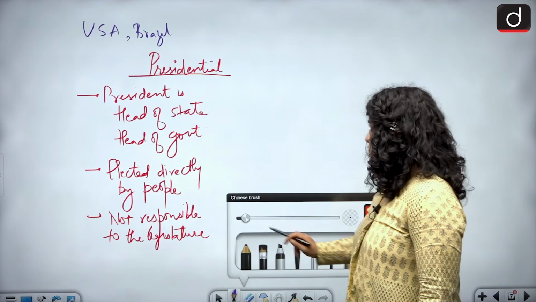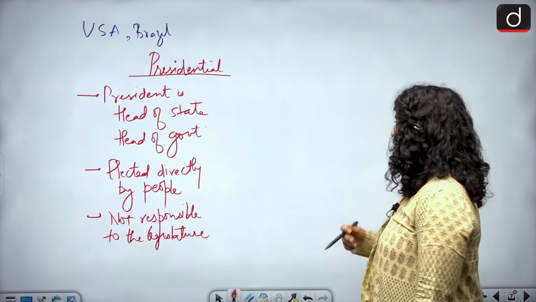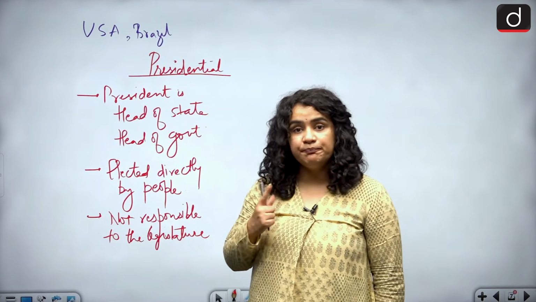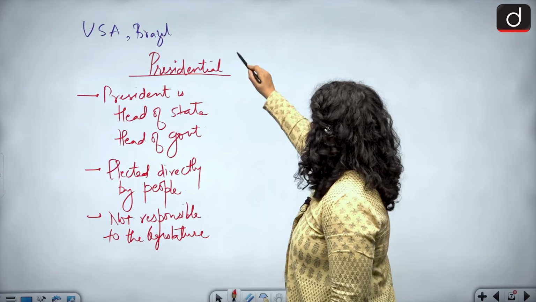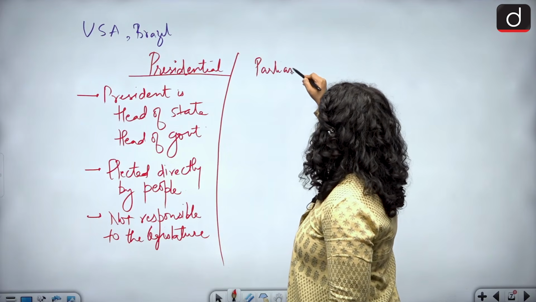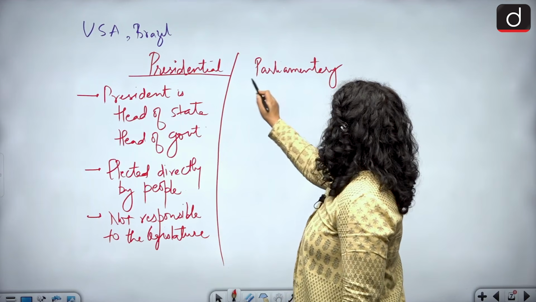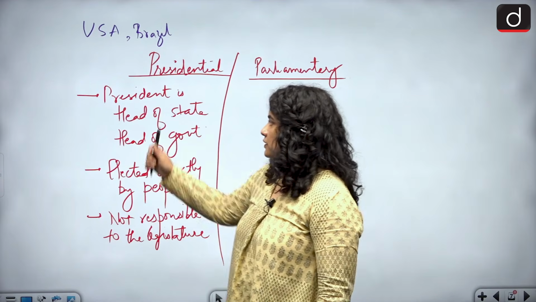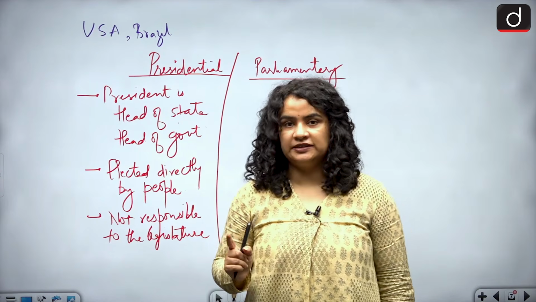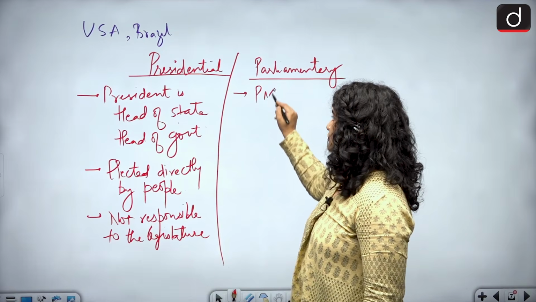Moving on to the other form, which is more familiar to us because we have adopted that form of government, which is the parliamentary system of government. Here, the head of the state is not the prime minister, but the head of the government is the prime minister.